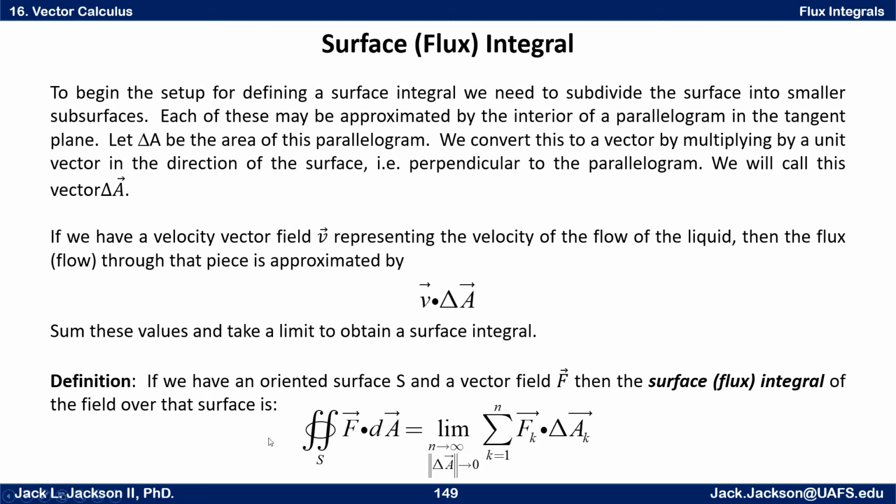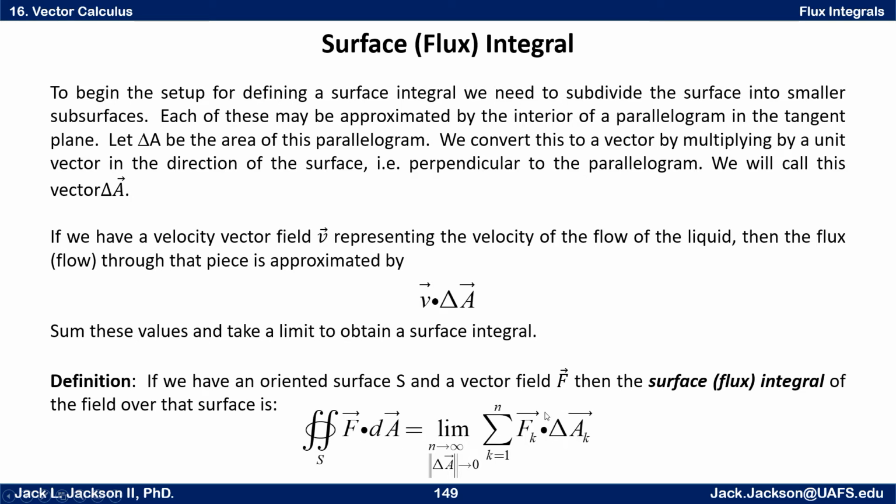So we'll define a surface integral over a surface of F dot dA as the limit as n goes to infinity and the norms of these delta A's go to 0 of the sum of F sub k, that is F evaluated at different points somewhere in that little subregion, dotted with delta A vector. Sum those up, and that will give you a flux or surface integral.